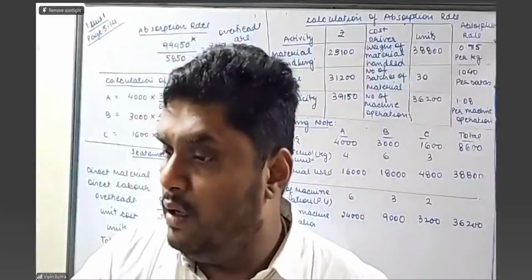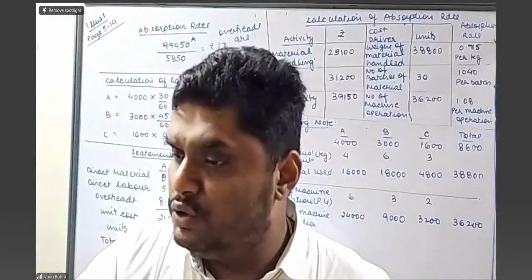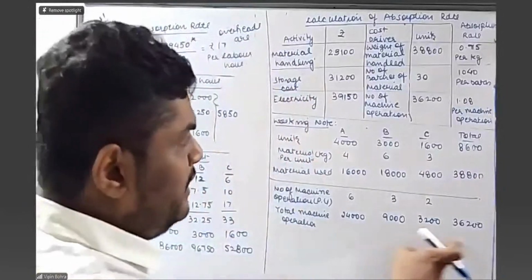Purnima, it will not be distributed in the ratio of 6 is to 3 is to 2, but it will be distributed in this ratio.